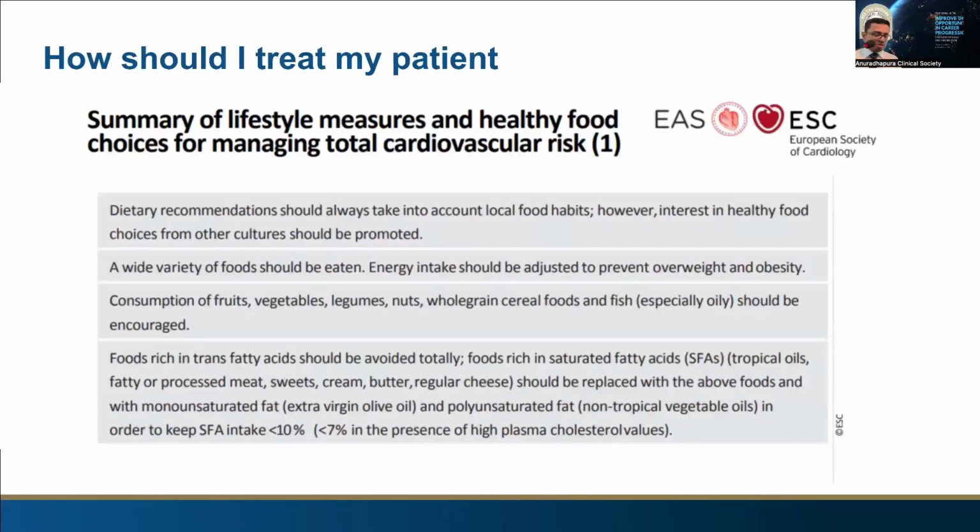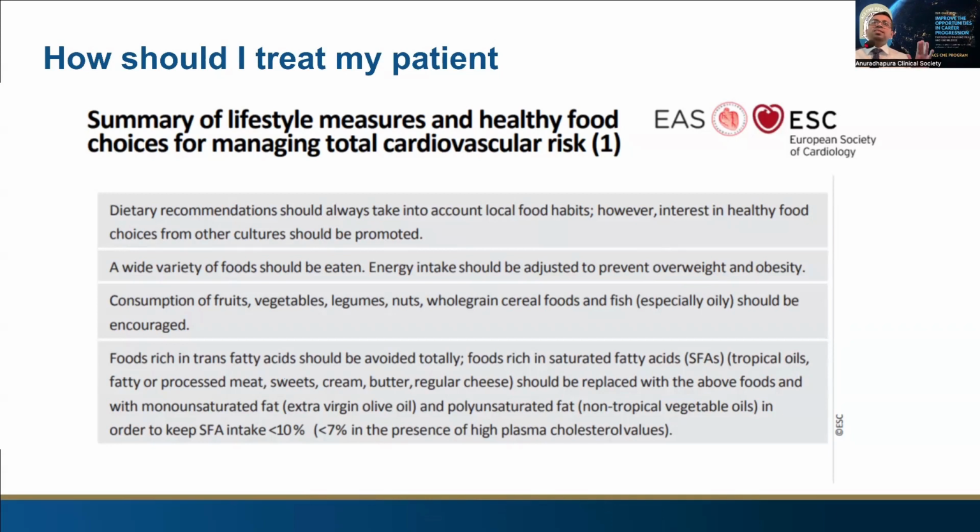Okay, so how do I treat my patient? Once you diagnose this and set up a goal, the initial part of the treatment is lifestyle measures and healthy food habits. You have to instruct your patient regarding this. This is again very important.